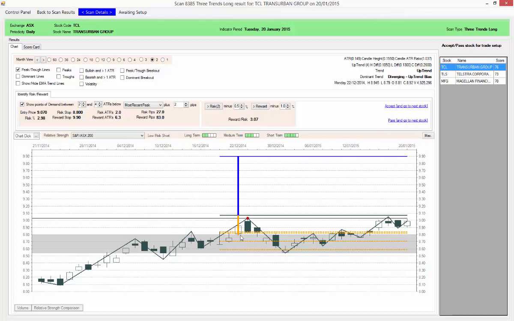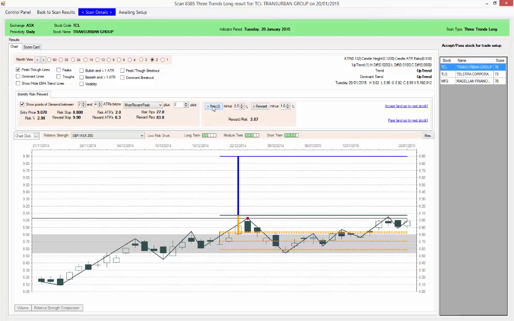Now if I say to myself, well look, I want to be more conservative, I believe that that's still not far enough below the entry point, I can keep clicking on this risk button and it will continue to draw that orange line below to the next point of demand and the next point of demand.